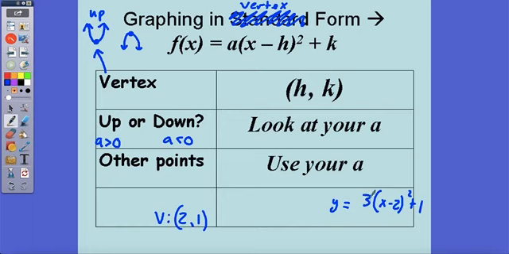And then it opens up, because we have a positive 3. From (2, 1), to find the next two points, you would go right 1 up 3 and left 1 up 3. That's how you know how far to go up.